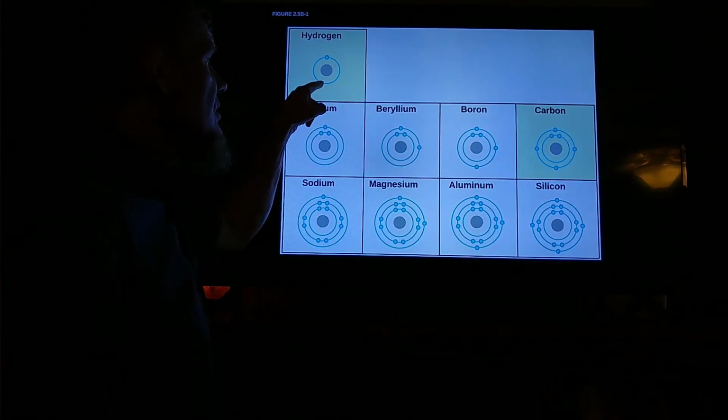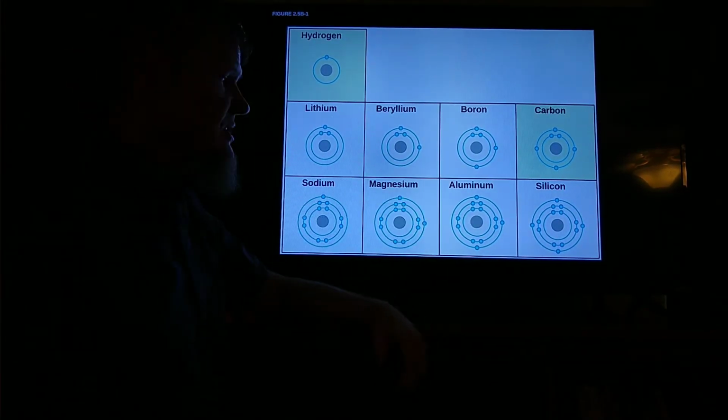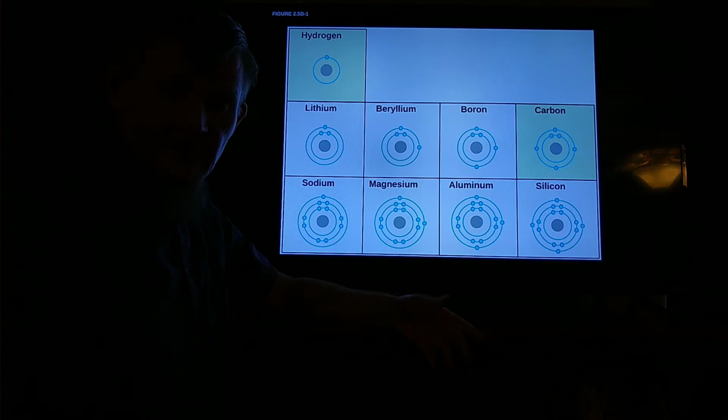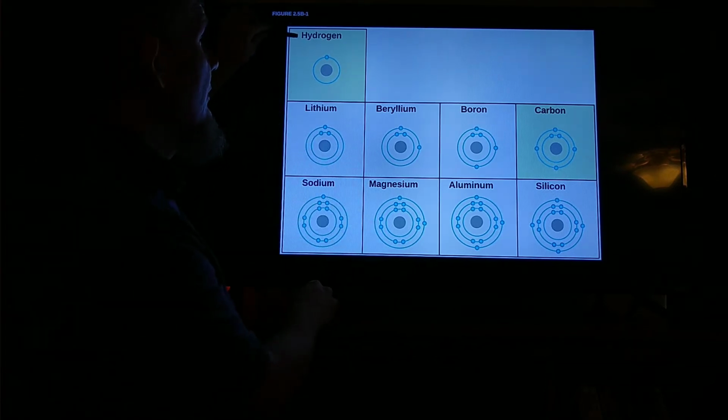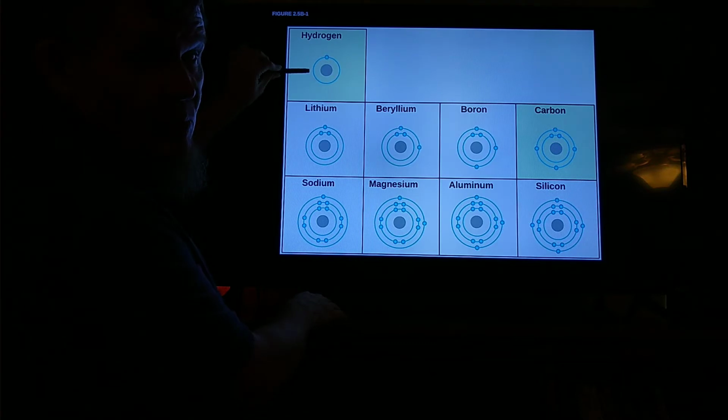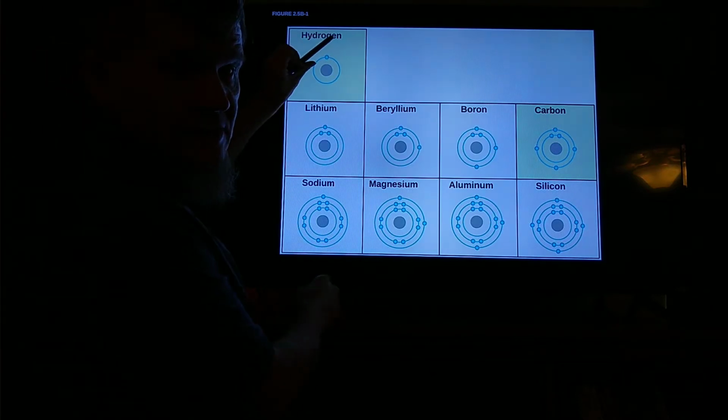This shows each of these circles represents a shell. We said in the previous video the first shell only has one orbital, and therefore the first shell can only hold 2 electrons. And so here we see hydrogen. It only has 1 electron because hydrogen is element number 1.